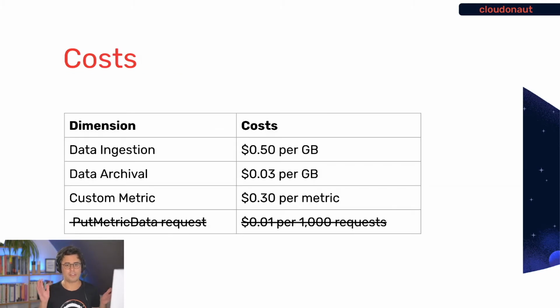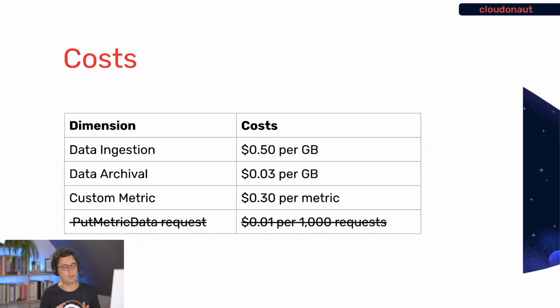I forgot to mention the costs of all of that. That is important, obviously, when talking about any AWS service. So what's the cost for using CloudWatch logs and the embedded metric format? First of all, with CloudWatch logs, you pay for data ingestion. So the more data you send to CloudWatch logs, the more you have to pay.